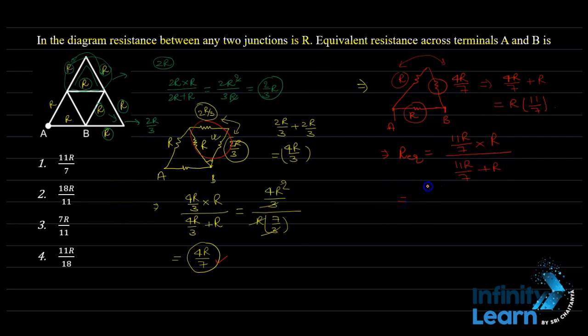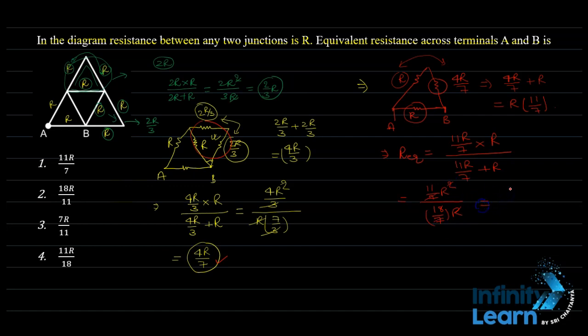Further we can solve this. So this will become 11 by 7 R square divided by 18 by 7 R. So R will be cancelled and this 7 will be cancelled.